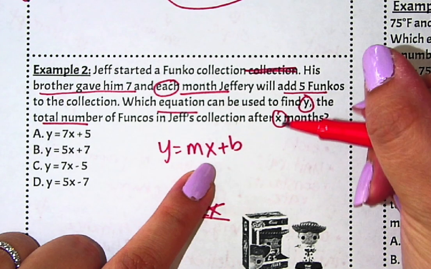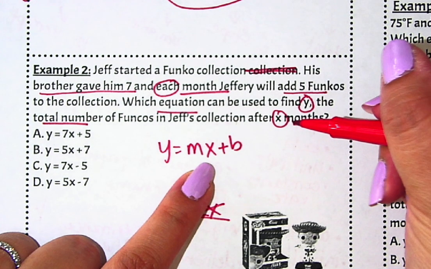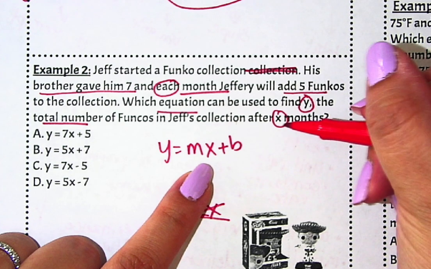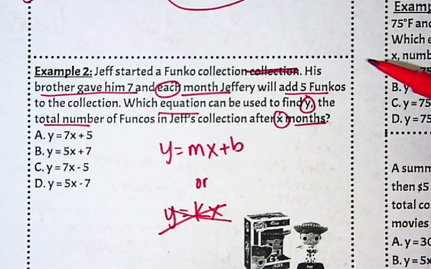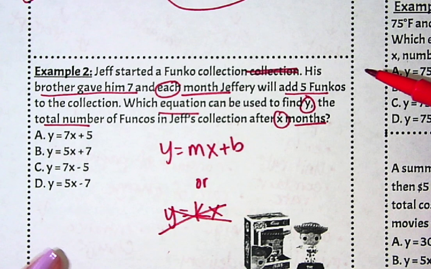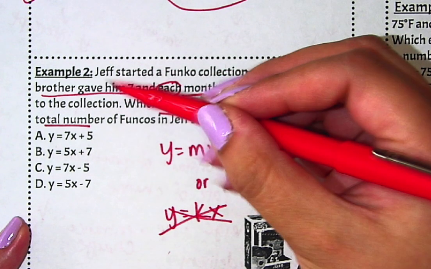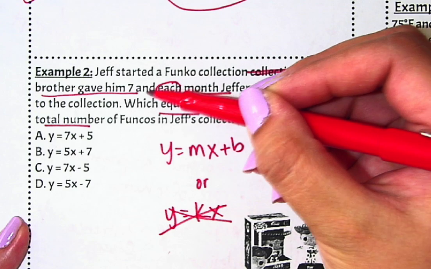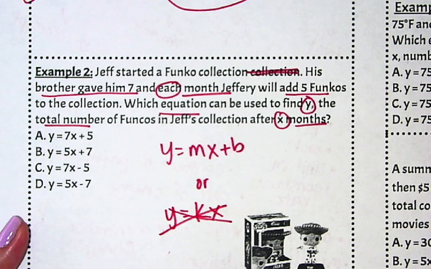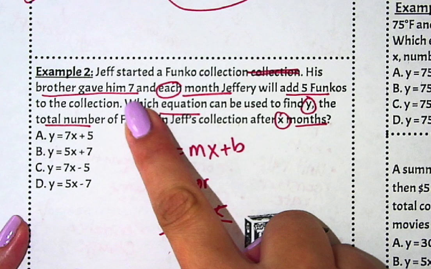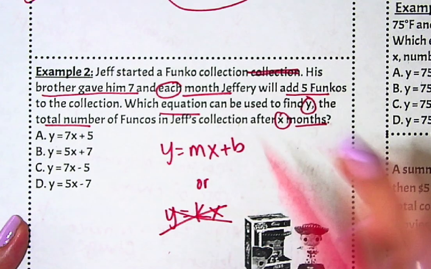Okay, so it says the number x months. I'm going to look at which number is talking about months. Now don't get confused. It says his brother gave him 7, and each month Jeffrey will add 5 Funko Pops to the collection. So that each doesn't apply to the 7, it applies to the 5.